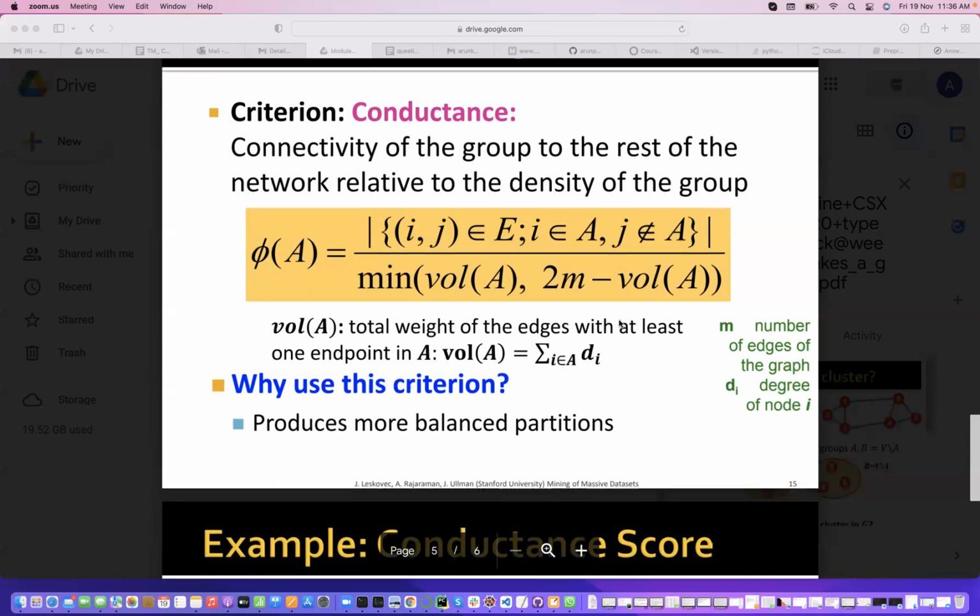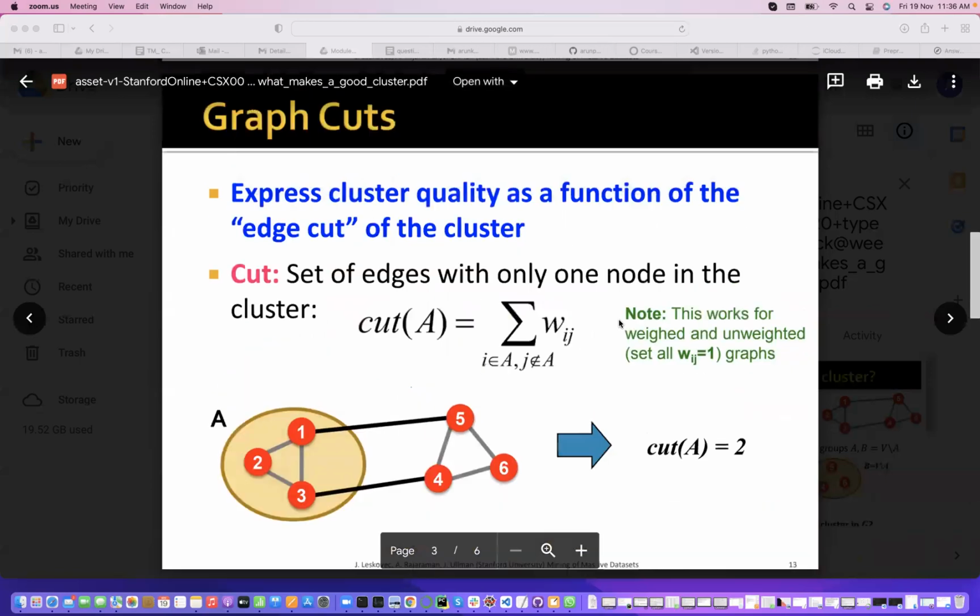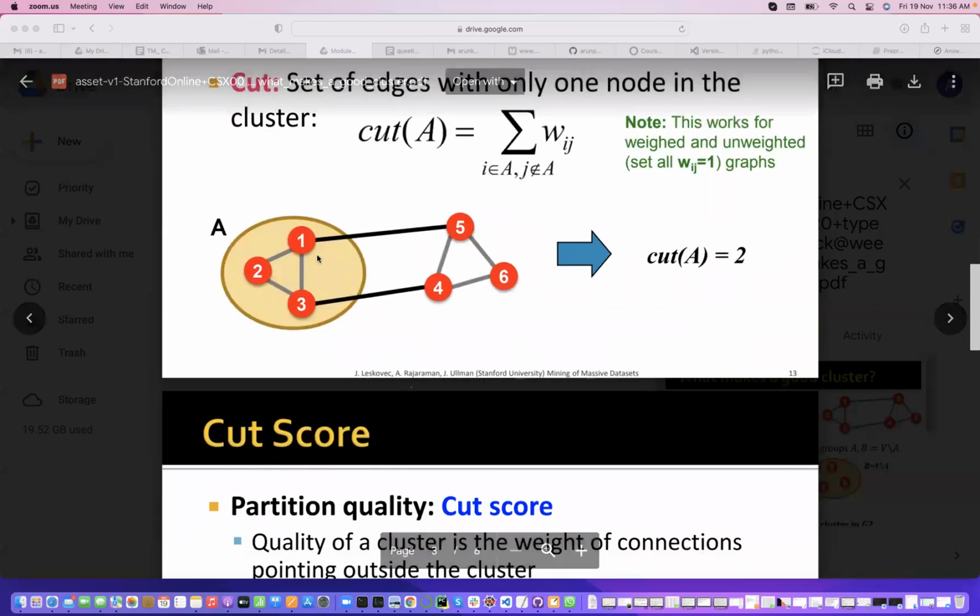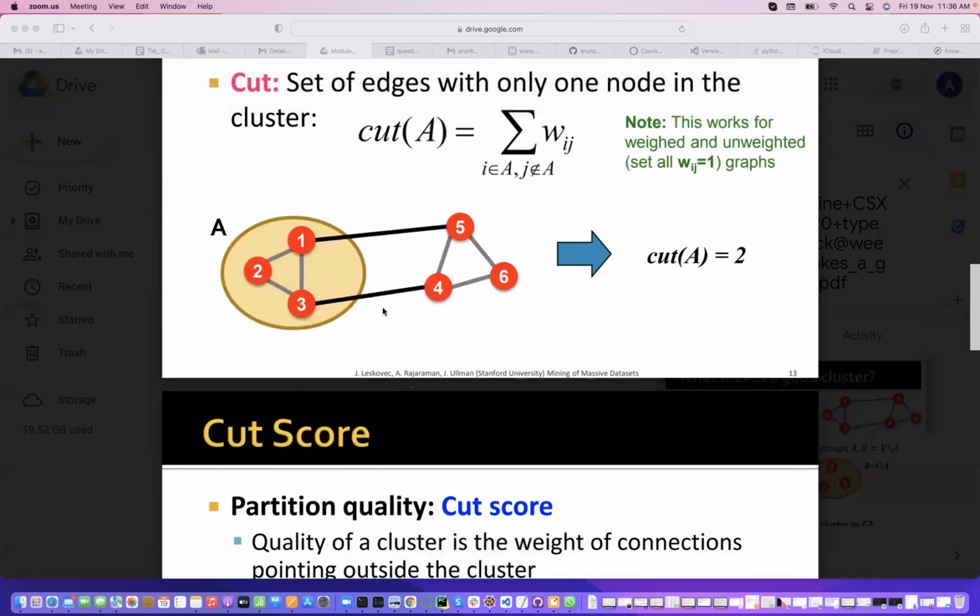Okay, so we'll take this simple graph here. How many edges do you have here? 3 plus 3 plus 2, 8 edges, right? If you sum up the degrees of all these 6 nodes, what is the summation?